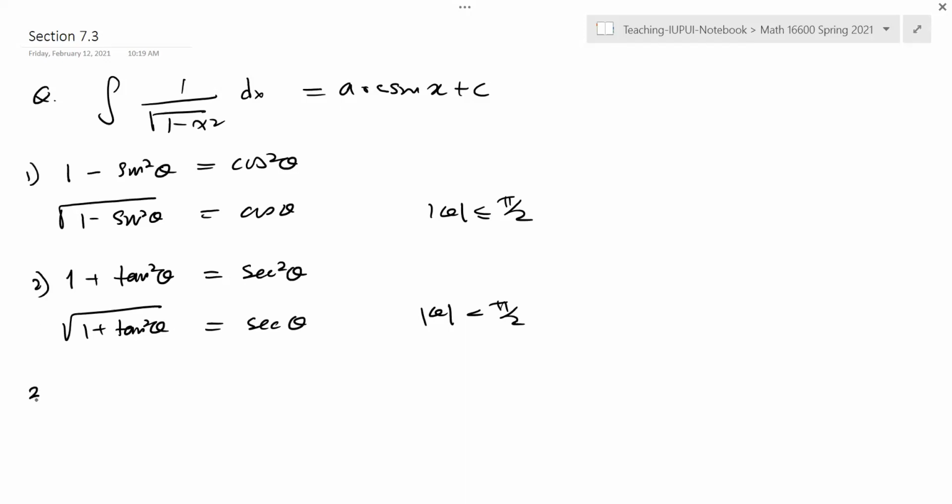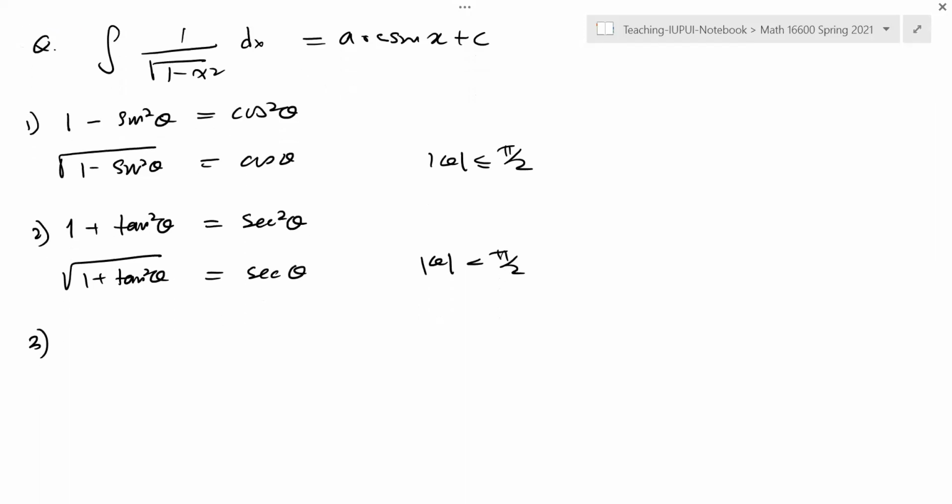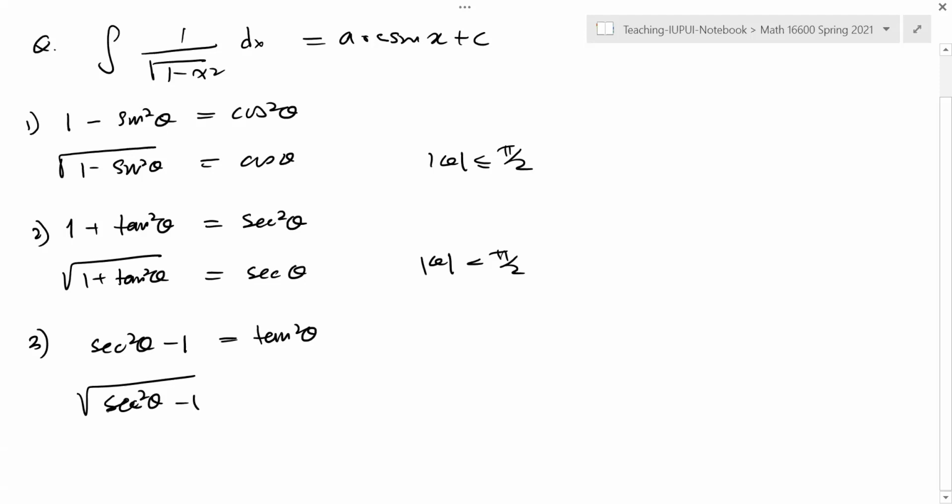The third one, I switch the order: secant squared theta minus 1 equals tangent squared theta. Then if it's inside the square root, this will be tangent theta.